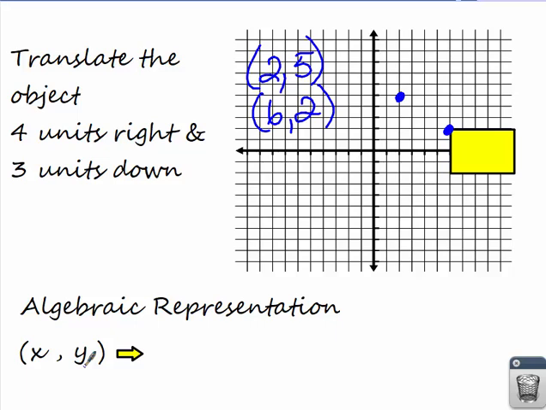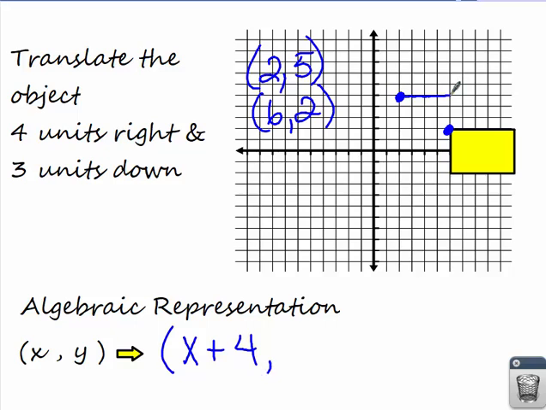But we want to look at what happened to my X coordinate. What did I do to this 2? It actually changed to a 6. What caused that to change to a 6? I slid it along the x-axis 4 points. So that's the 4 units to the right. So algebraically, I take that x value and I add 4 to it.